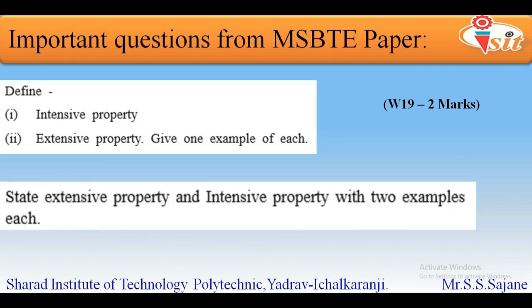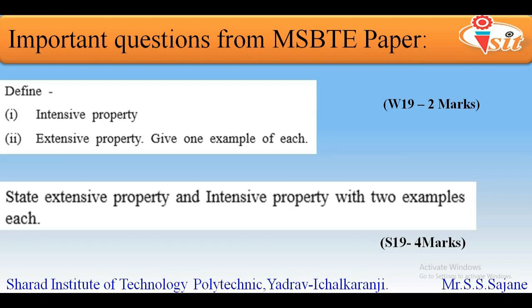The next question was to define or state an extensive property and intensive property, along with again the example. So you can see that in Summer 19 also this question was repeated, but this time it was asked for 4 marks, and here two examples were asked.